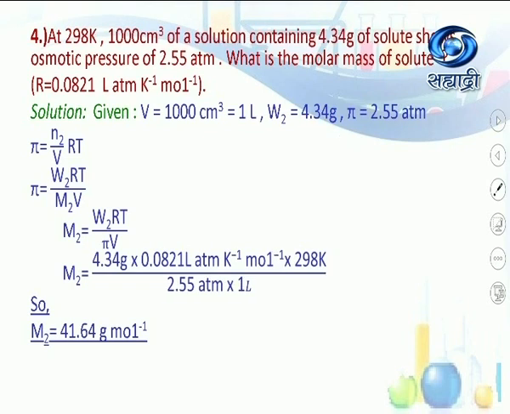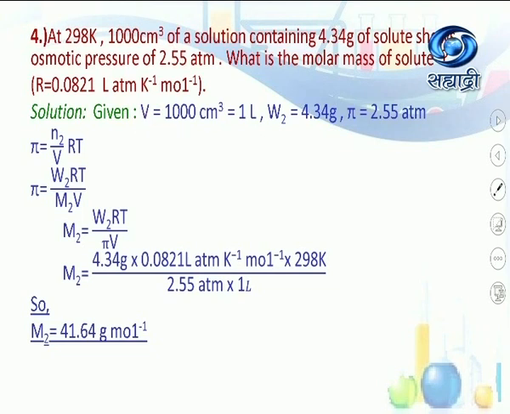Next problem. At 298 Kelvin, 1000 centimeter cube of a solution containing 4.34 gram of solute shows osmotic pressure of 2.55 atmosphere. What is the molar mass of a solute? Value of R is given as 0.0821 liter atmosphere per degree per mole. So what is given?